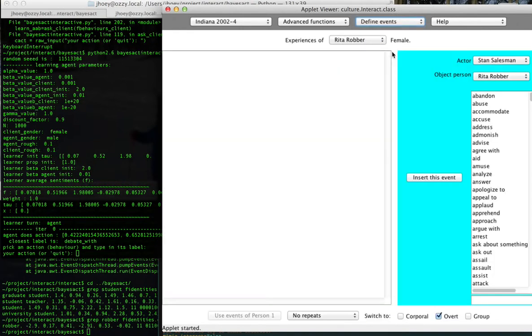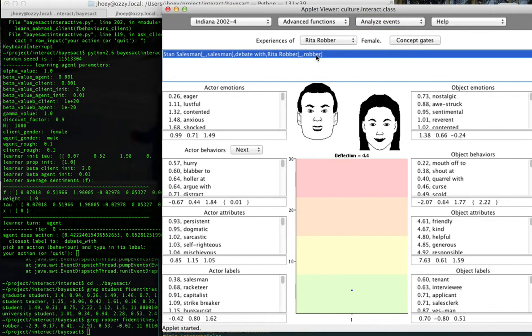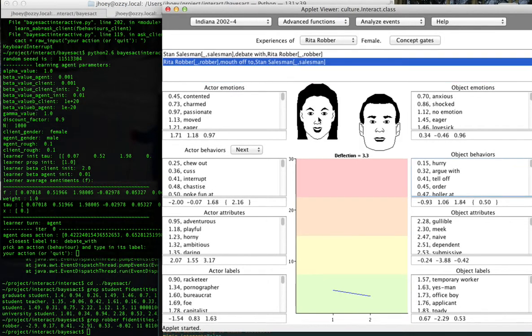Okay, so we'll start off by defining the first event. So this is the experiences of Rita the robber. Stan salesman, the first thing he's going to do is debate with this person that he doesn't know is a robber yet. Debate with, we'll put that in there, and then we'll go and analyze these events, and we'll start this off. So he's debating with Rita the robber, and her best action is to mouth off to Stan the salesman.